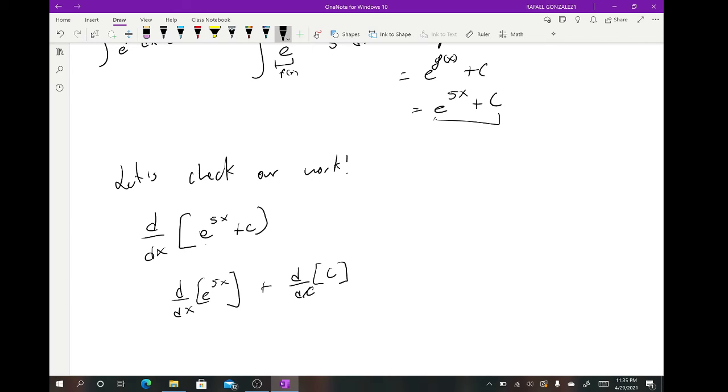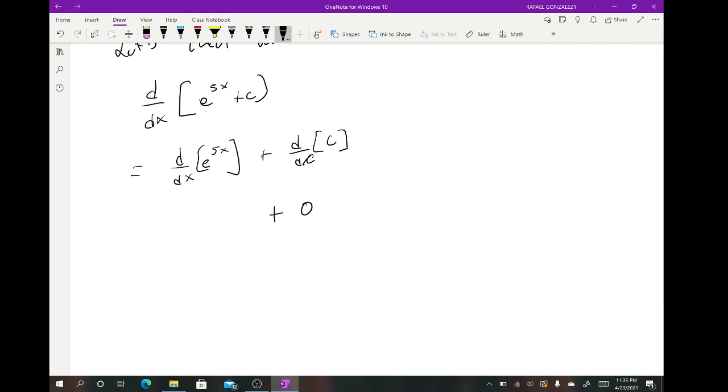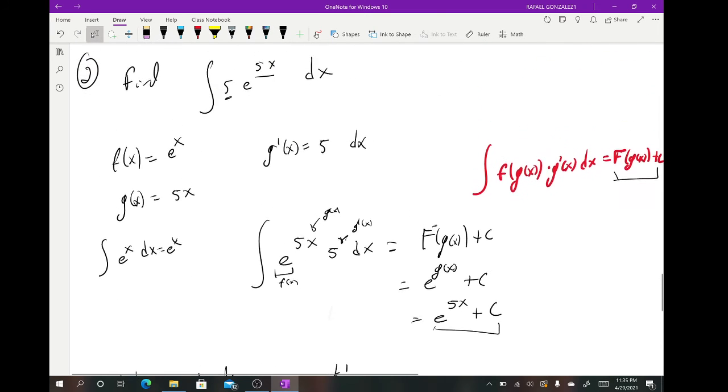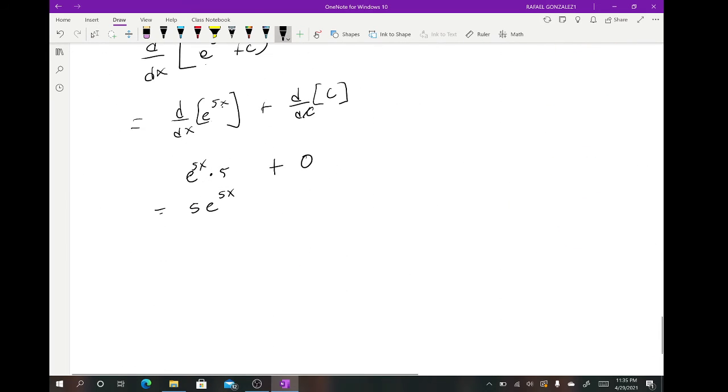We know the right part is going to be equal to 0 because the derivative of a constant is 0. And then by the chain rule, the derivative of e to the 5x is e to the 5x times the derivative of the top, which is 5. So we get 5e to the 5x. But that's exactly what we began with, 5e to the 5x. So we have the correct antiderivative.